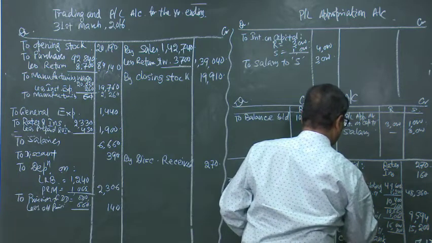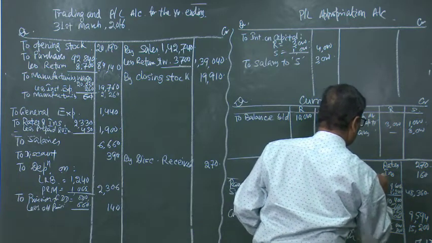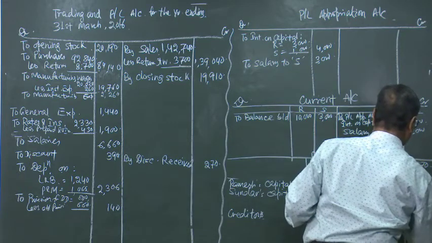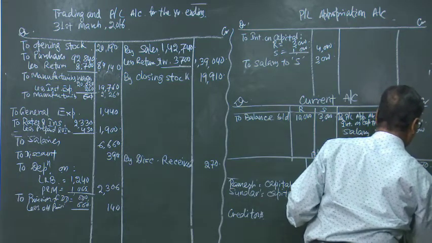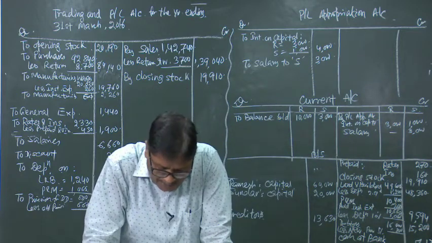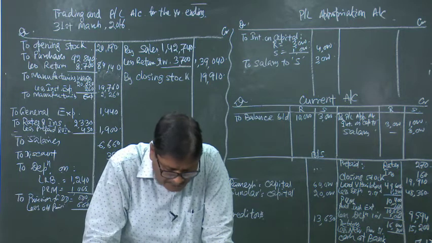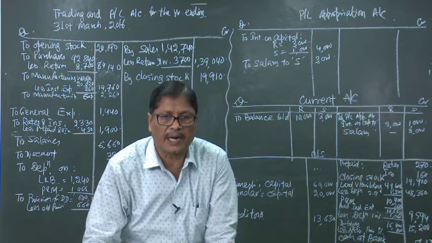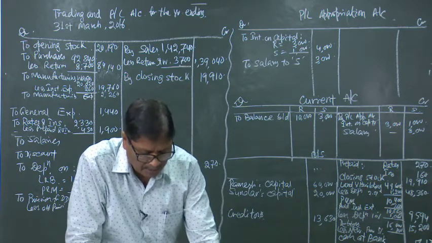Closing stock 19,910. Then manufacturing wages include 260 pertaining to installation charges of a machinery, which we have already taken into consideration and deducted it. So, now the problem is over.